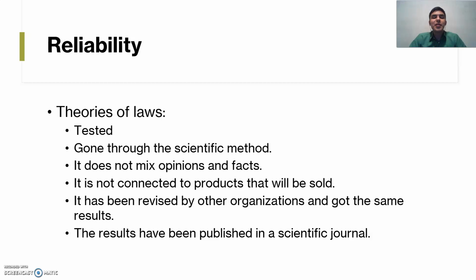And it has been revised by other organizations and got the same results. This is something very important, because probably the conditions that we had in our laboratory when we were testing our hypothesis were different from the situations in Australia, in Russia, in England.